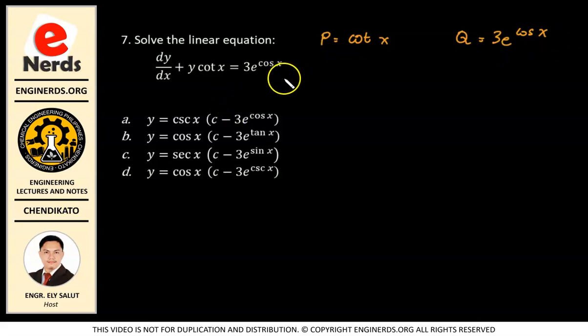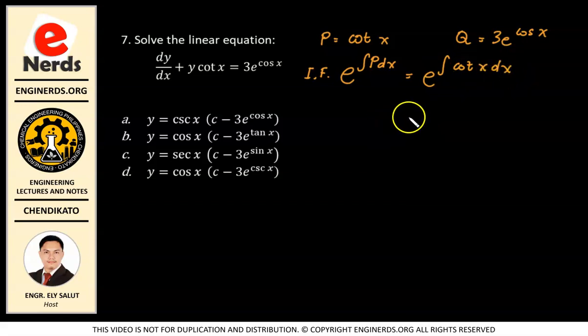Now let's solve for our integrating factor. We have e to the integral of p dx, which is equal to e to the integral of cotangent of x dx. We know that the integral of cotangent x is also the integral of cosine x over sine x dx.